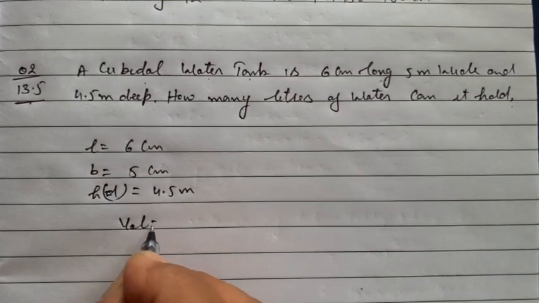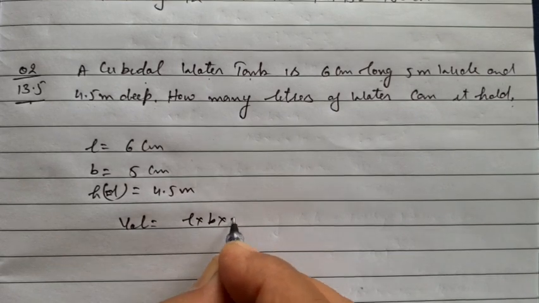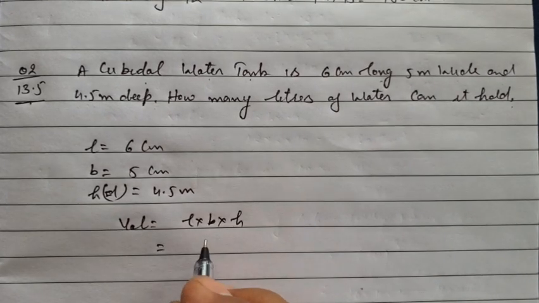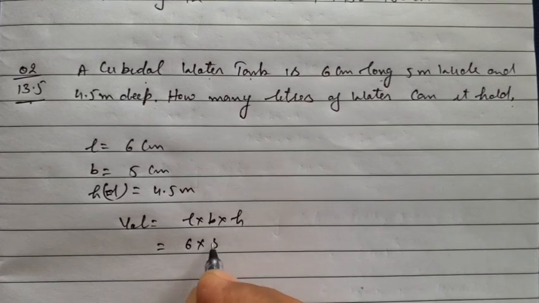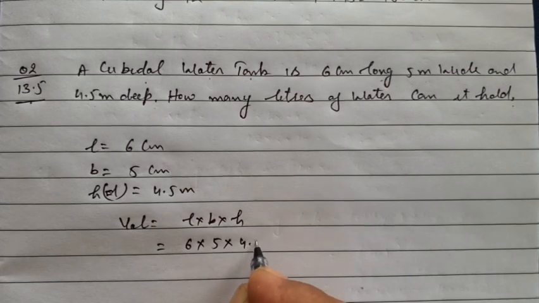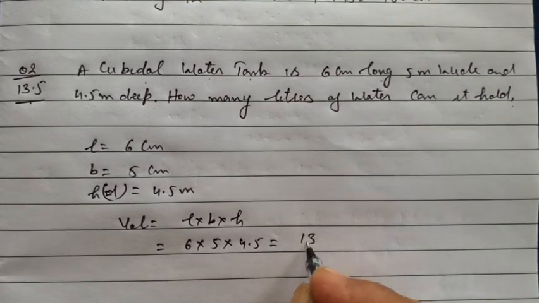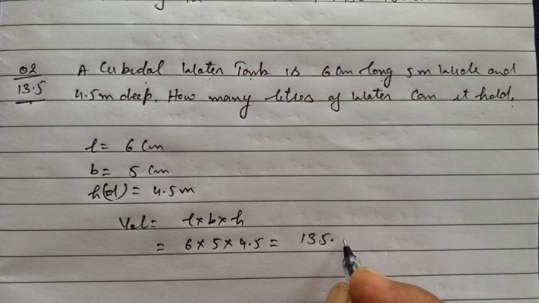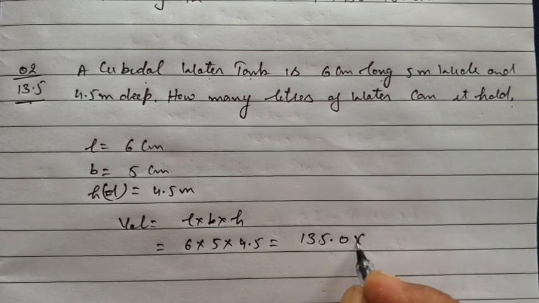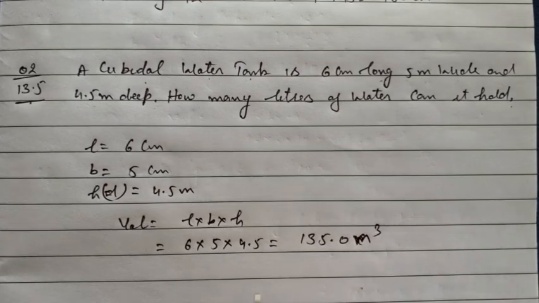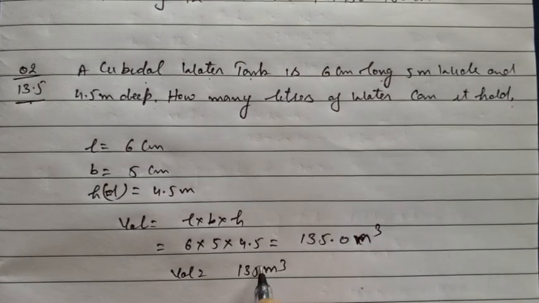So its volume is equal to length into breadth into height. So that is 6 multiply 5 multiply 4.5, we can say that 135.0 meter cube.